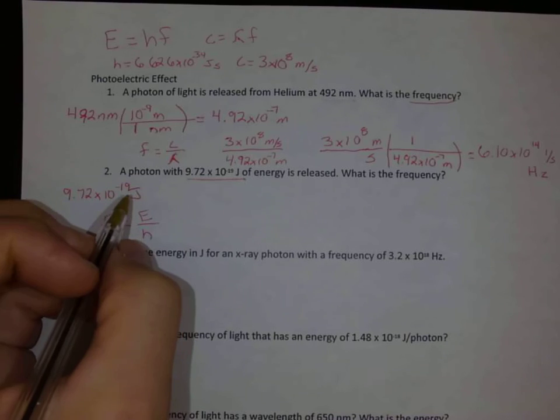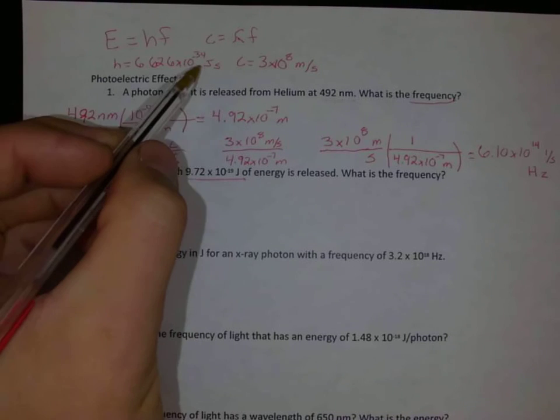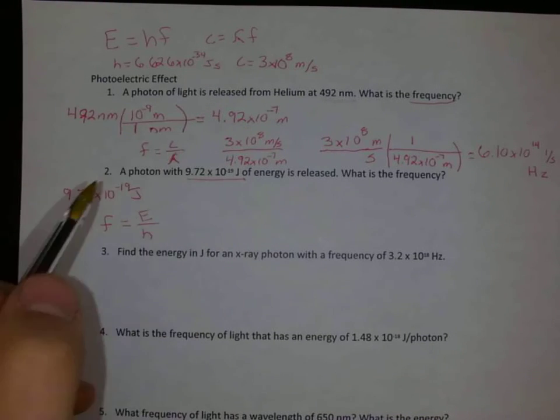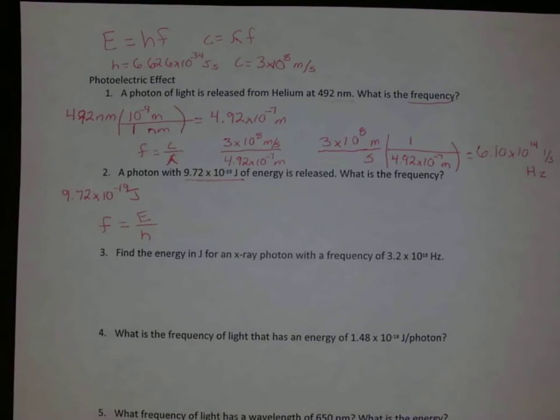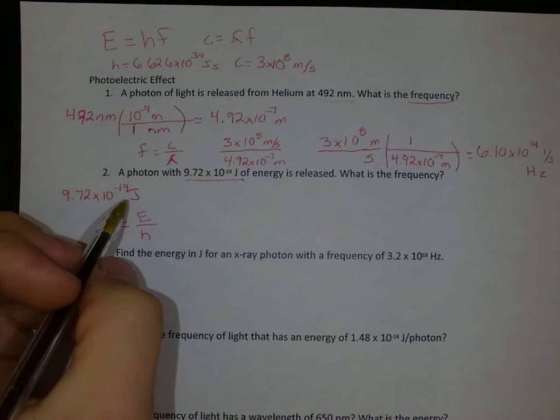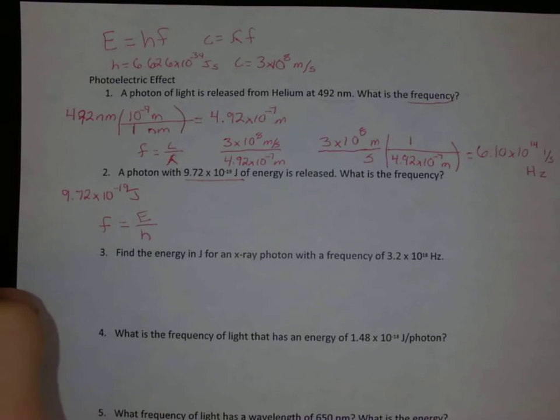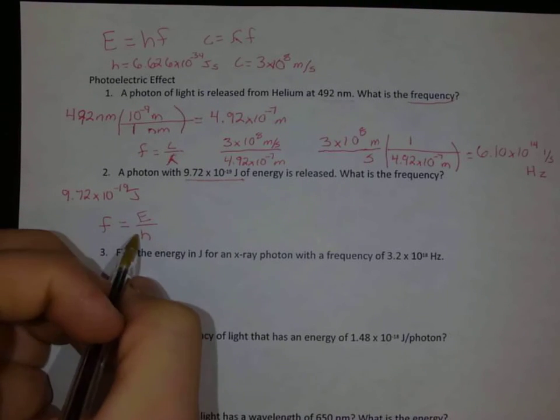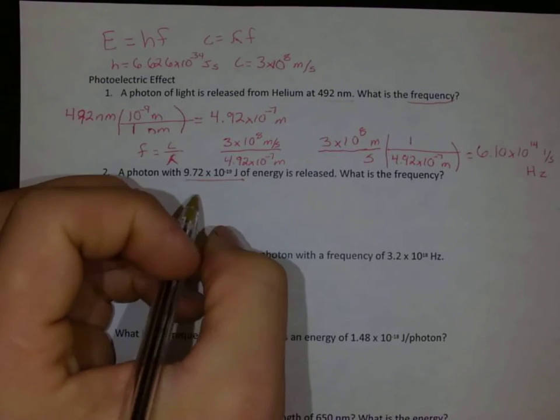So I have joules here. If I look at h, that's joule seconds, so that's going to convert nice and easily. We don't actually have to change my units at all. So frequency is going to be E divided by h. Let me just plug in my numbers now.